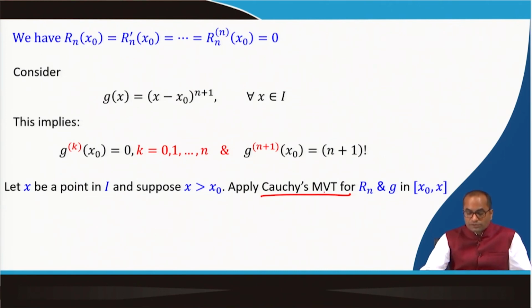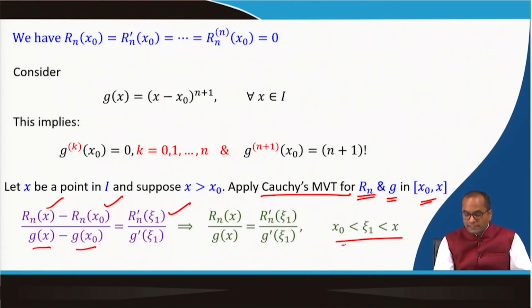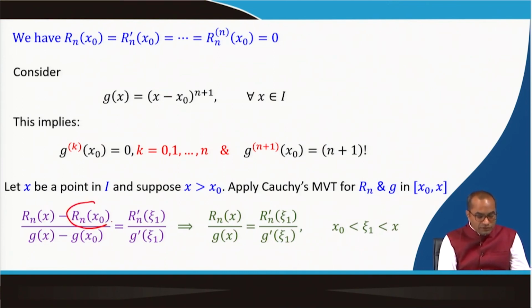We use the Cauchy mean value theorem for Rn, the function which we have defined, and g in the interval x naught to x. The Cauchy mean value theorem says (Rn(x) minus Rn(x naught)) over (g(x) minus g(x naught)) must be equal to the first derivative of Rn divided by the first derivative of g at some point xi 1, and xi 1 lies between x naught and x.